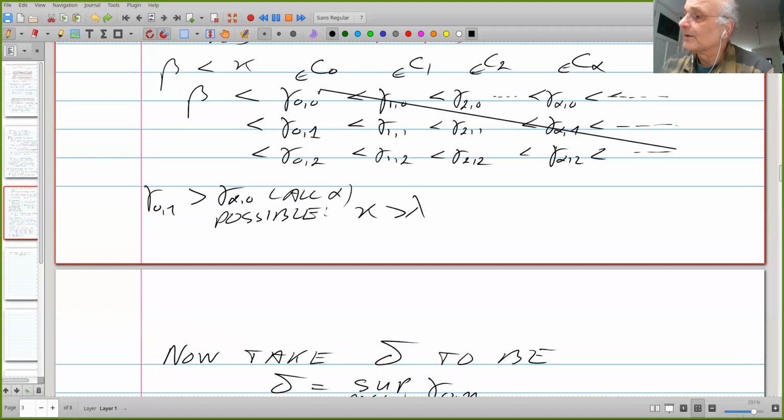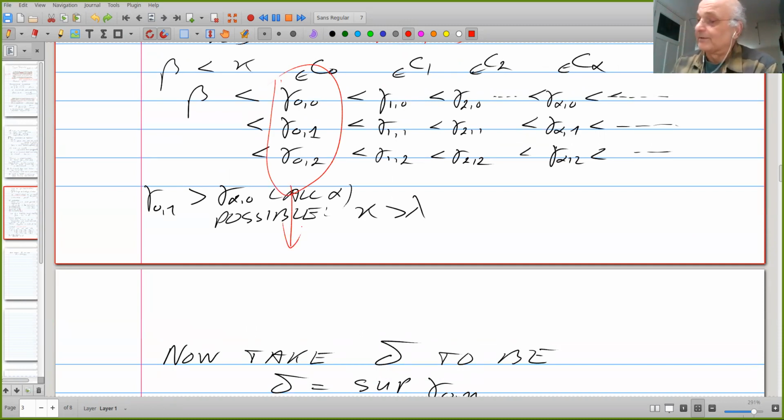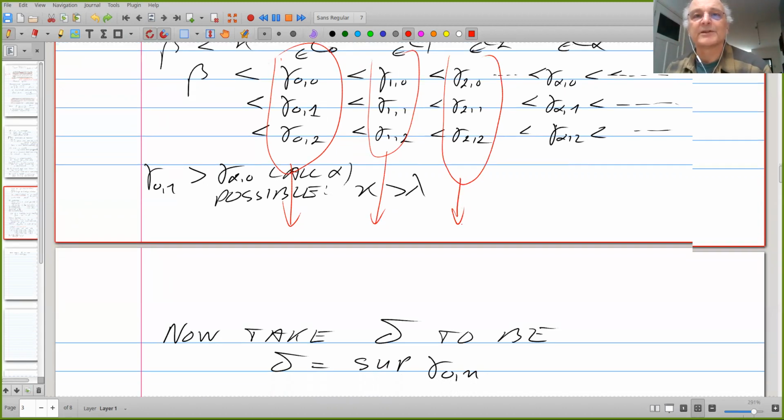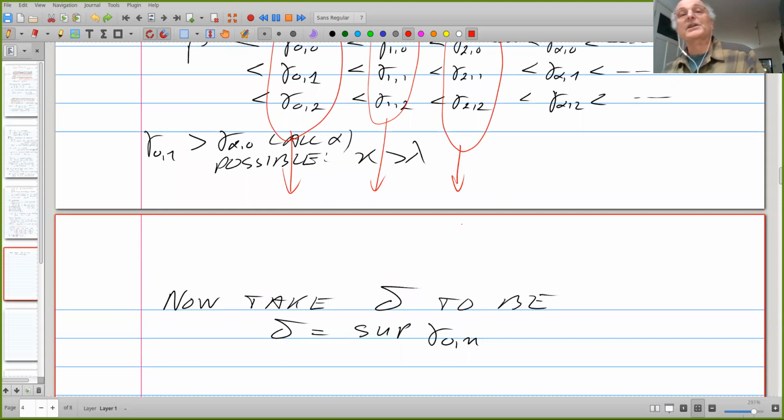This column has a supremum, and it's delta. This column has a supremum too, but it's the same delta because they are intertwined, just like in the case of two closed and bounded sets. This column has the supremum, it's the same one because all those sequences, all those columns are interlaced.